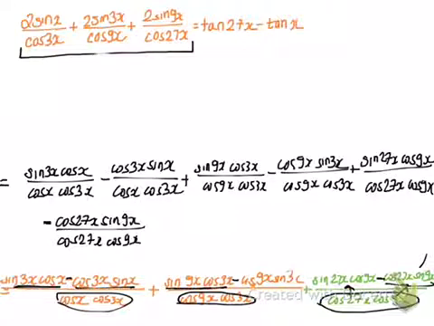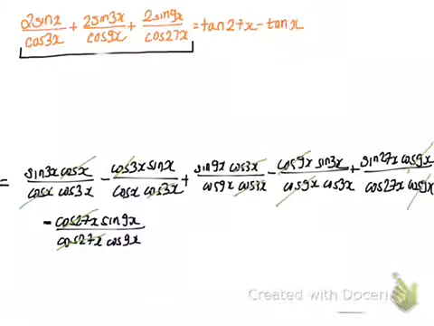Now let us look for the terms that get cancelled out. So here cos x and cos x get cancelled out, and cos 3x with cos 3x, cos 9x with cos 9x, and cos 27x with cos 27x.